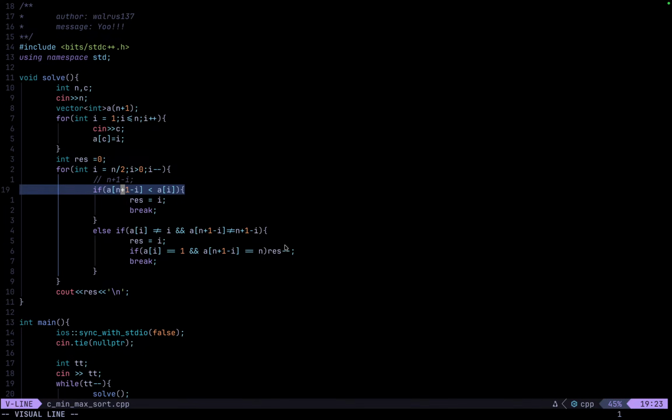Here first we are checking the order, and for the middle element, if n is odd, then order does not matter because it is a single number, right?